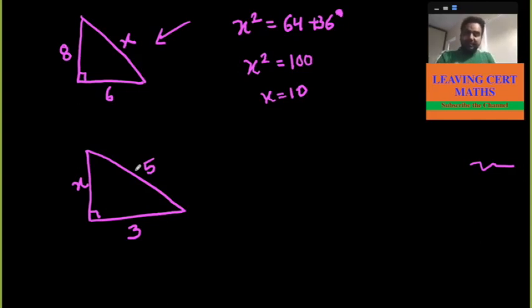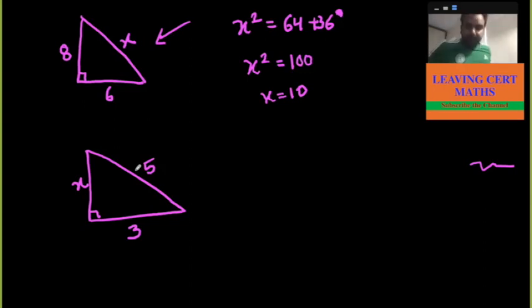What is c here? 5. Yeah, c is always the hypotenuse. So c equal to 5, right? And you can take a as x also, and 3 also. It doesn't matter. Anyone you can take. So b would be x.